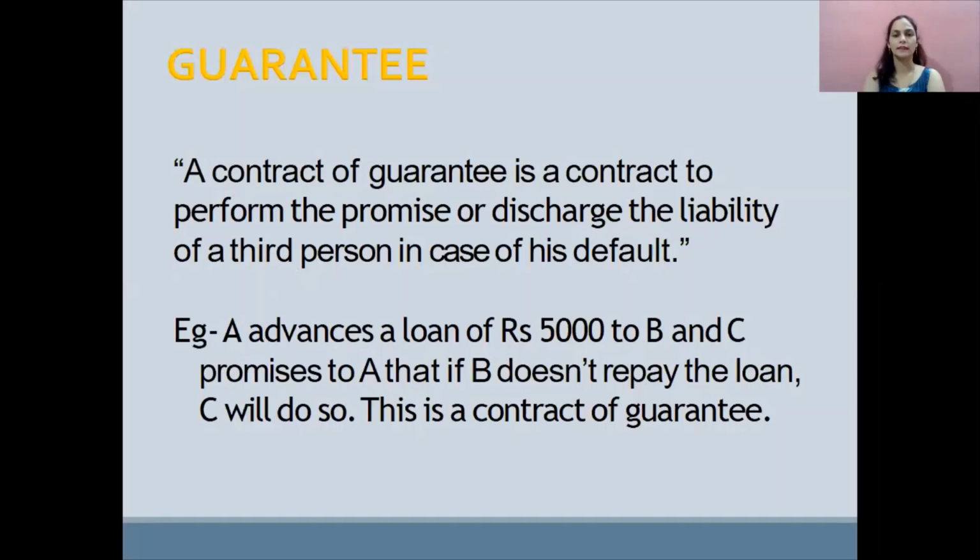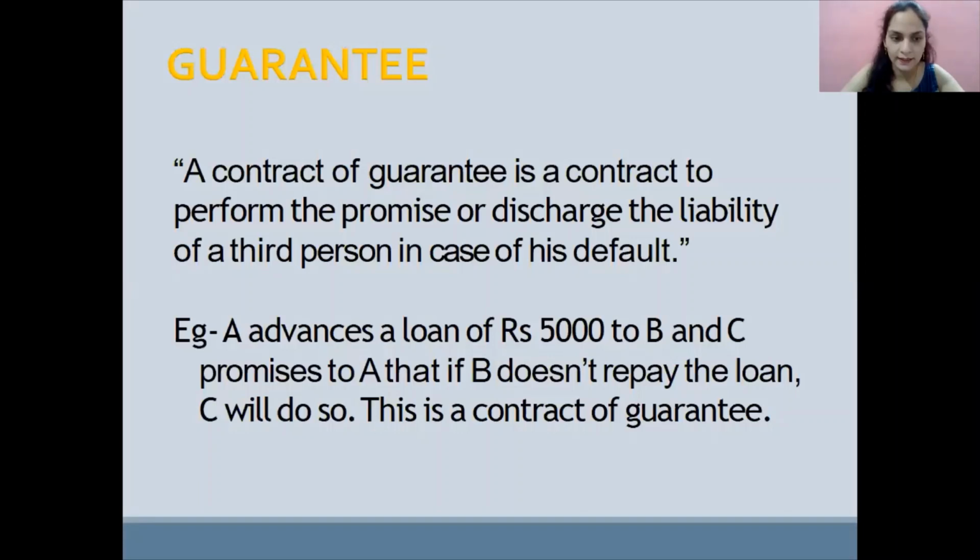A contract of guarantee is a contract to perform the promise or discharge the liability of a third person in case of his default. So basically, contract of guarantee is a promise given by a person to discharge the liability of a third person in case that person is unable to make the payment or to fulfill his liabilities.